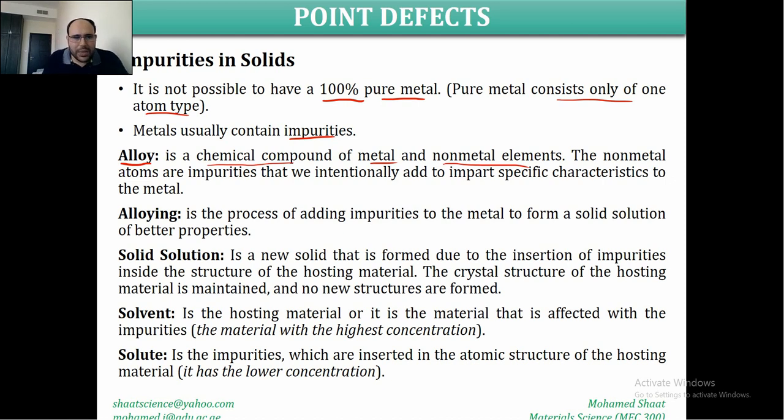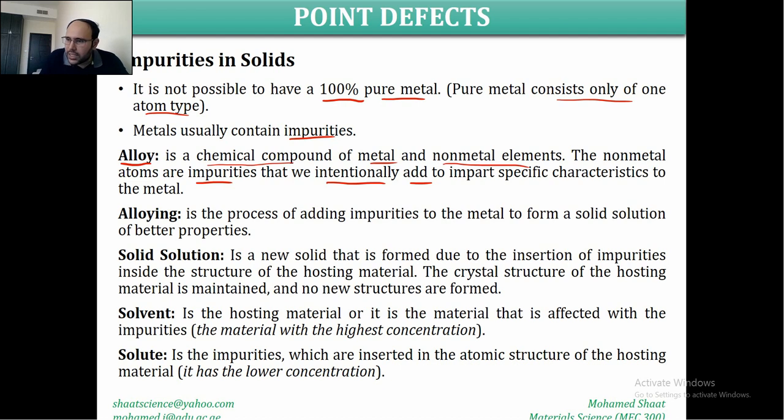alloy. The non-metal atoms represent impurities with a very small fraction, as we mentioned before, that we intentionally add. Alloying is a manufacturing method of making a metal better. Alloying gives better properties to the material, as will be discussed over the next chapters.